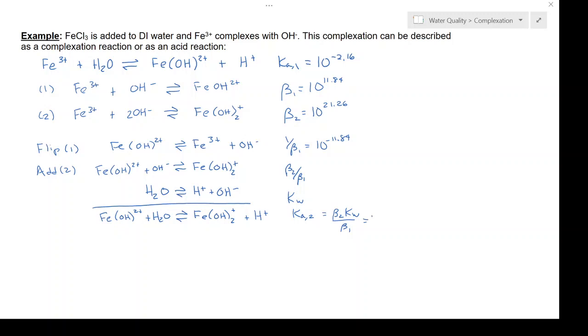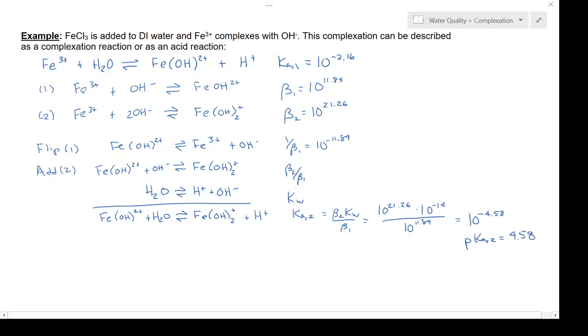My beta 2 is 10 to the 21.26, and Kw is 10 to the minus 14, over beta 1, which is 10 to the 11.84. This gives me an answer of 10 to the minus 4.58, or a pKa2 value of 4.58.